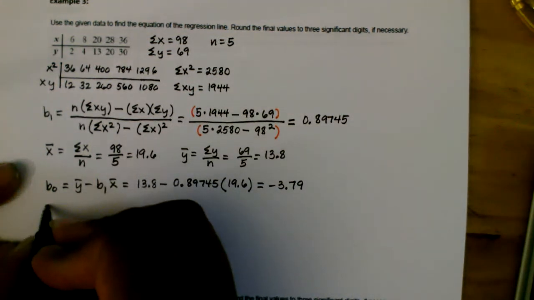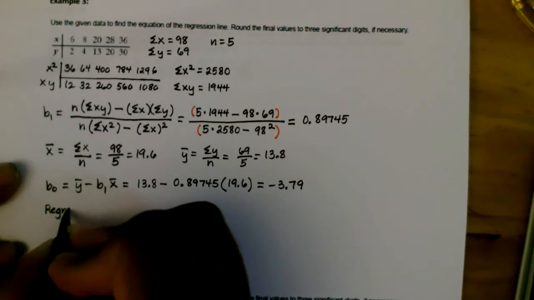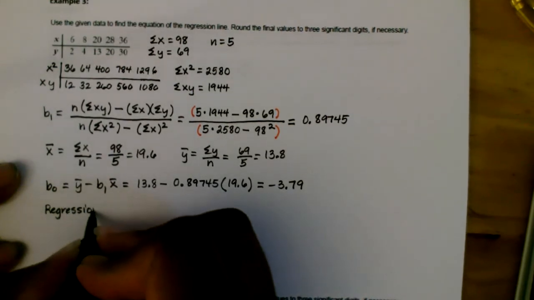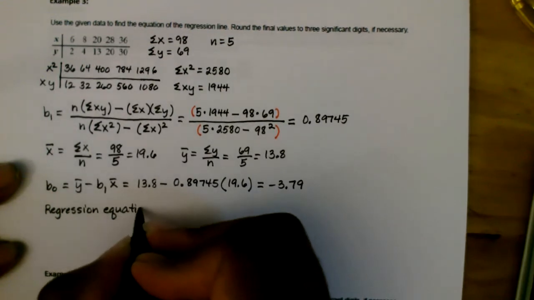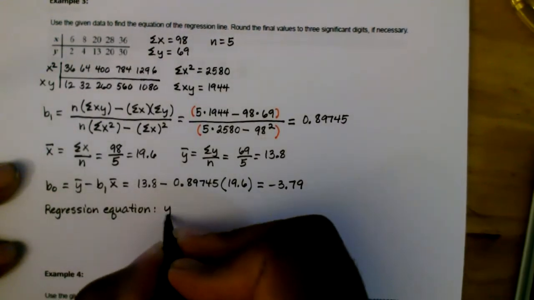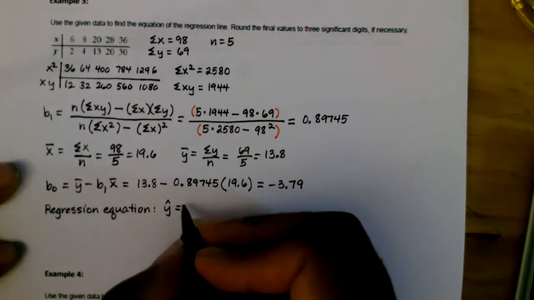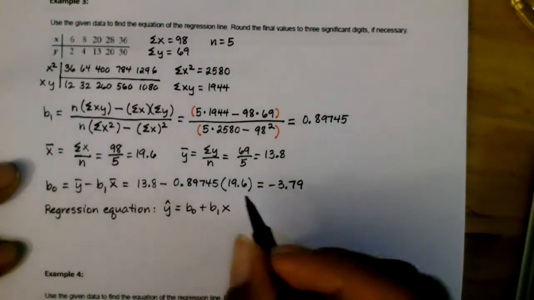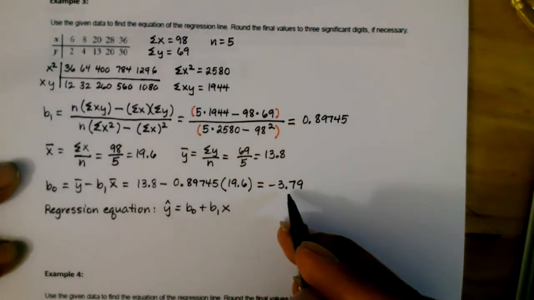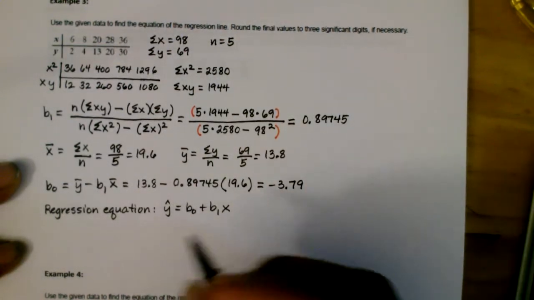All right. So to write my regression equation, that's of course Y hat is equal to B sub 0 plus B sub 1 times X. I know what B sub 1 is and I know what B sub 0 is. All I have to do there is just substitute.